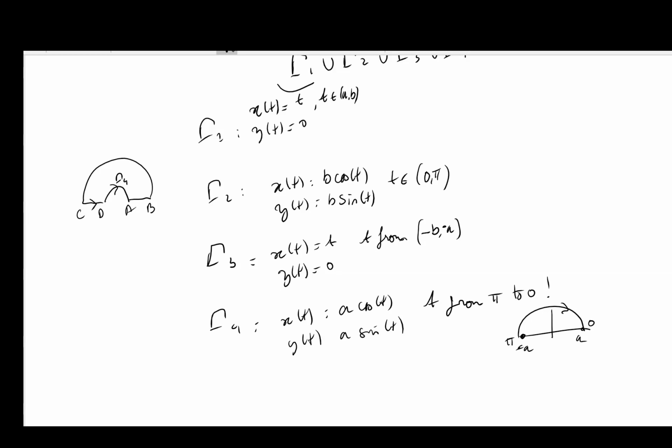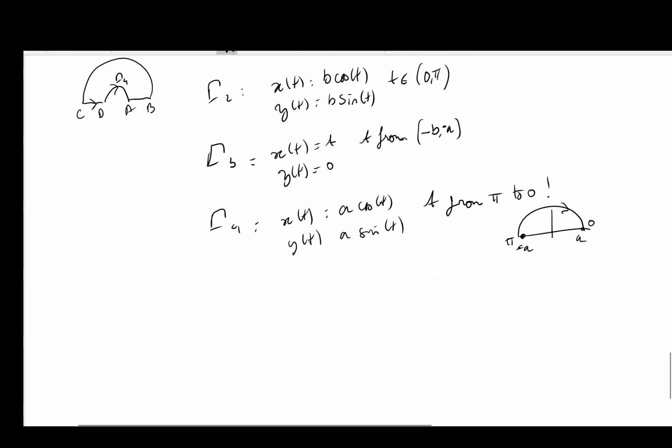So now I can write my integral. On each piece, I'm going to have the first component of v times x prime plus the second component of v times y prime. So on gamma 1, let's remind ourselves what we had.